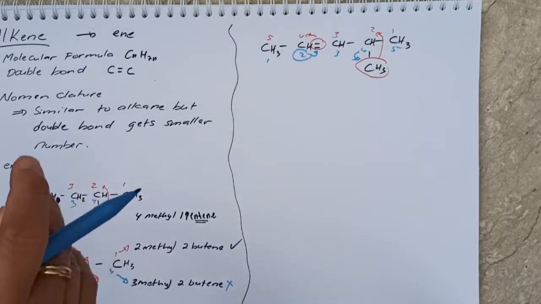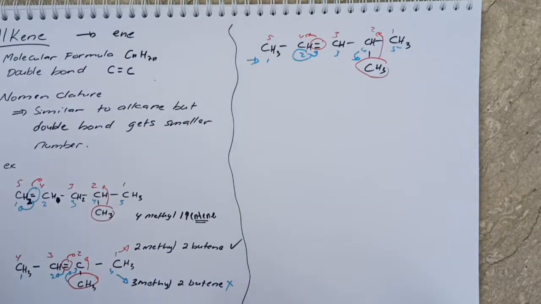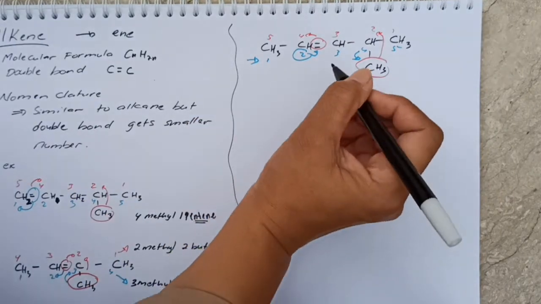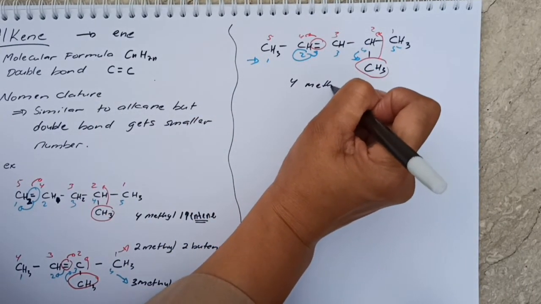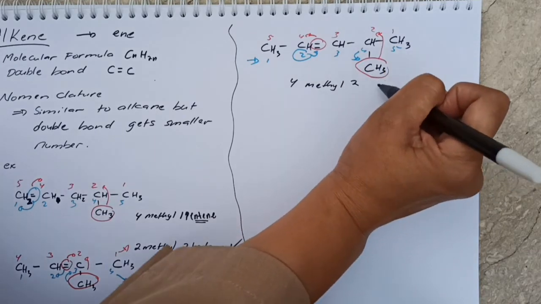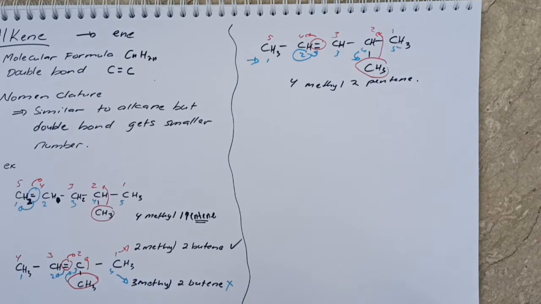You follow the double bond. Which one? This one. Okay, so the naming will be 4-methyl-2-pentene. Okay, so this is quite simple if you already master alkane.